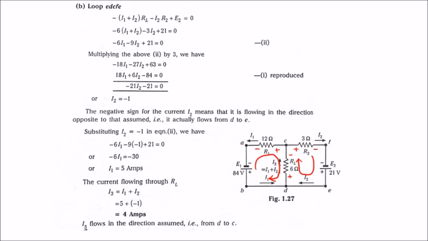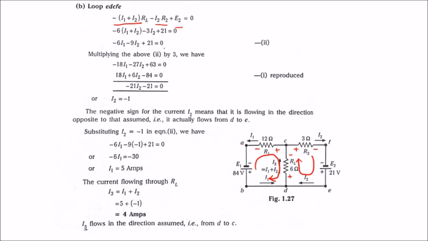So here, as this resistance will have a minus sign at the end, it will be like minus (I1 plus I2) multiplied by RL, minus I2 R2 and plus E2. So simplifying this, we will get equation number 2.